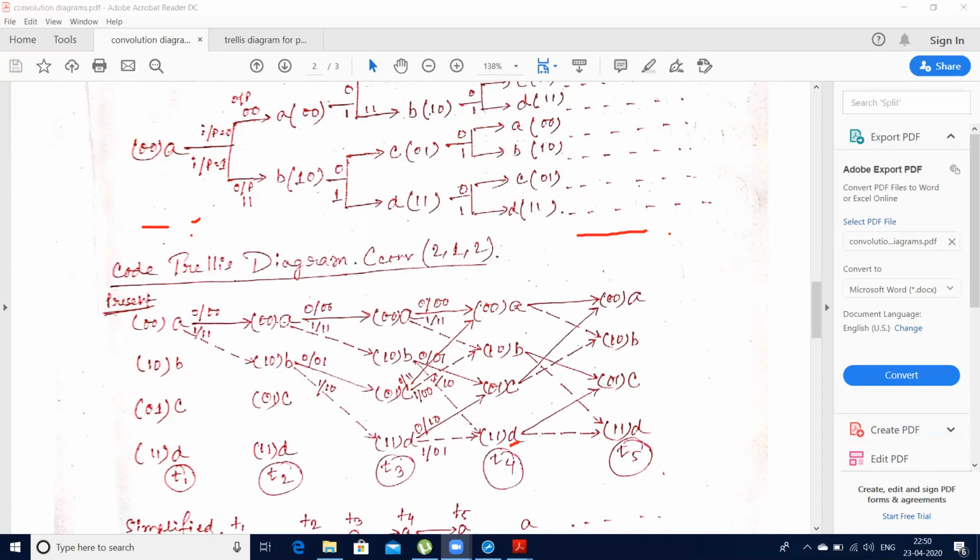A is again converted to A and B, and from B the possible next states are C and D. The conditions are: 0 is the input and 01 is the output, and 1 is the input and 10 is the output. As I've told you, the dotted line is for input 1. So when I'm giving input as 1, B is converted to D. When I'm giving input as 0, B is converted to C.